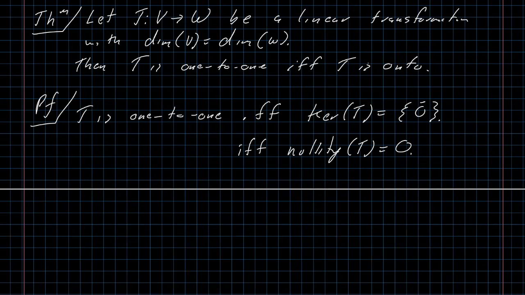Right? We proved that first statement, one-to-one if and only if kernel is the singleton. The nullity is the dimension of the kernel, and the dimension of the singleton is 0. So, so far, fairly straightforward.